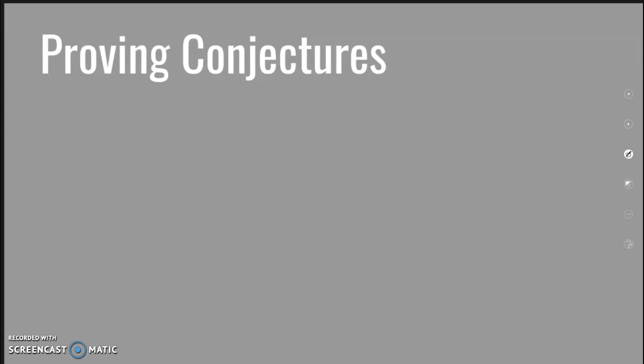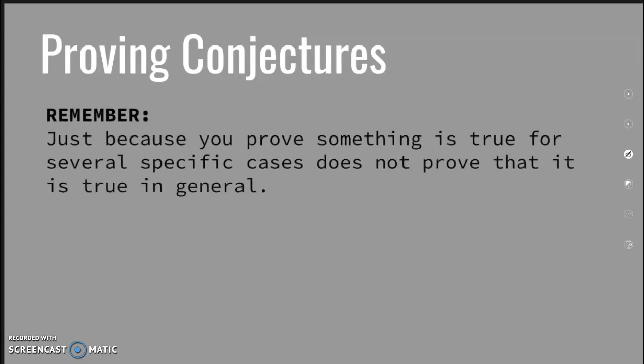So one takeaway from this conversation is to remember, just because you prove something is true for several specific cases does not prove that it is true in general. But I do want you to know that we will learn how to prove conjectures later in this course. It's just not a focus for today.